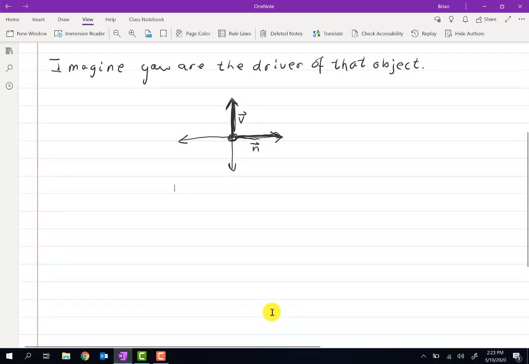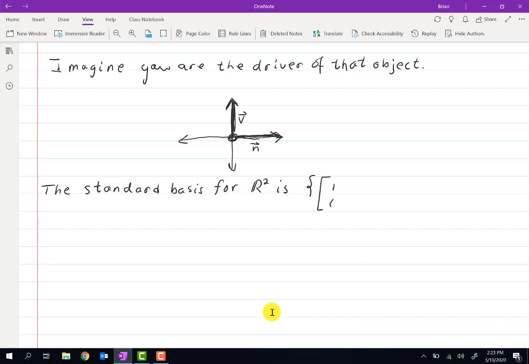So the standard basis for R2 is the set 1, 0, 0, 1.